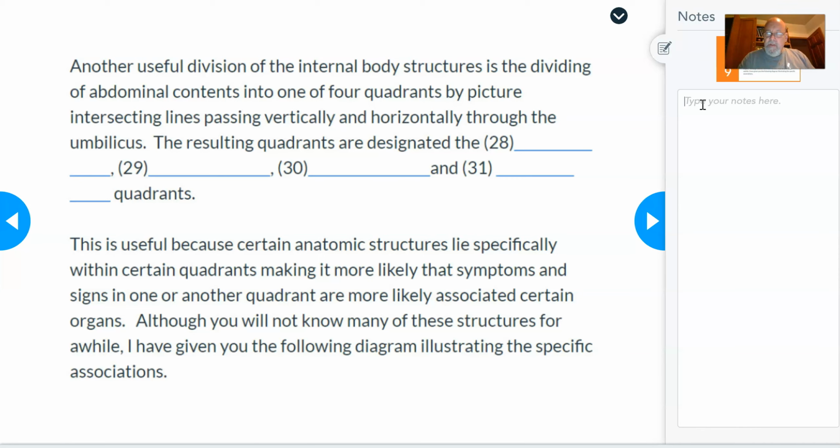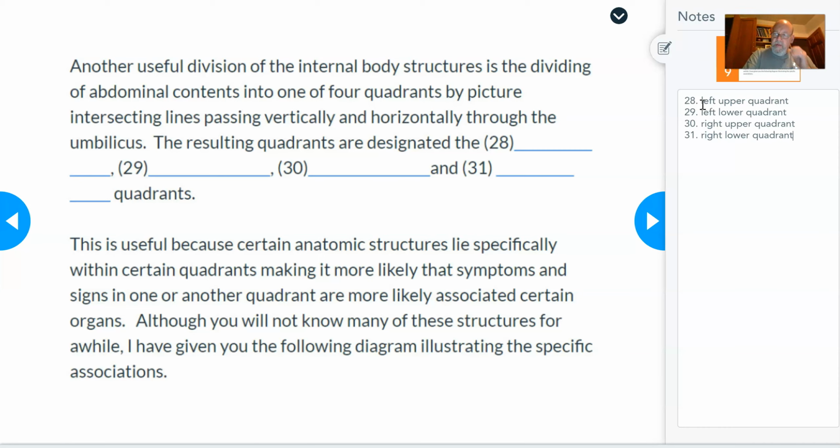Okay, the resulting quadrants are designated the left upper quadrant, the left lower quadrant, the right upper, and the right lower quadrant.